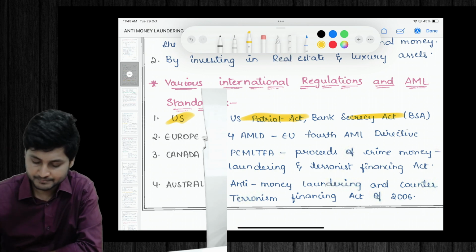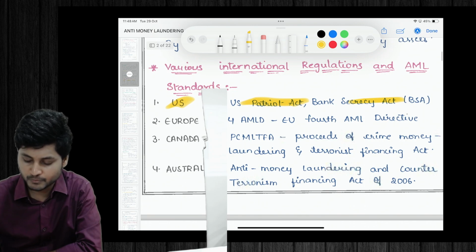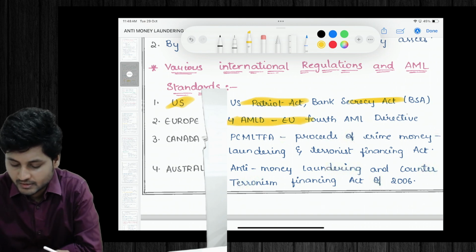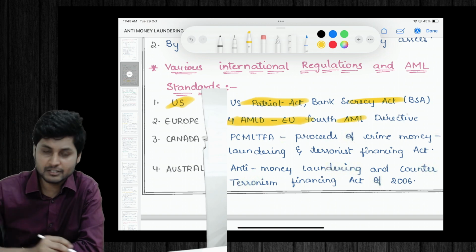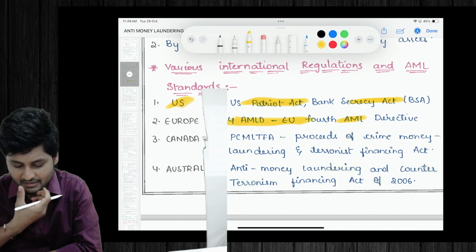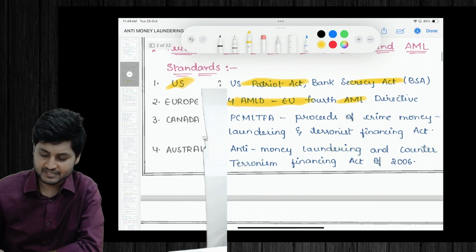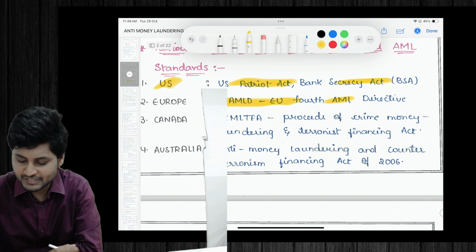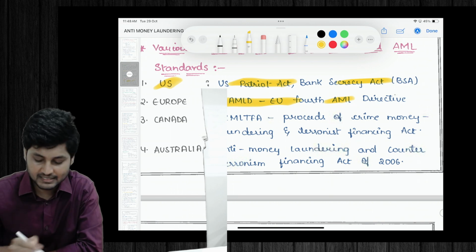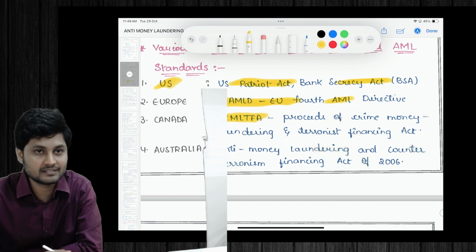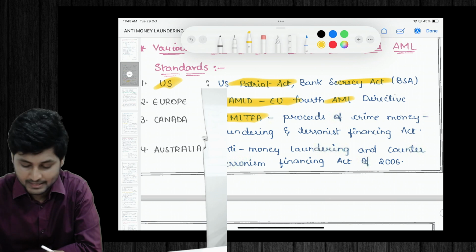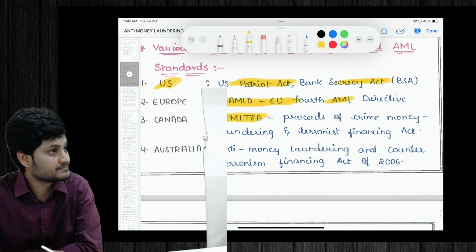So in Europe, 4 AMLD, the EU's fourth anti-money laundering directive. So this is just a list which is given for understanding purposes. See, the Proceeds of Crime (Money Laundering) and Terrorist Financing Act in Canada. Canada law, PCMLTFA. Okay, this is the name of the act.